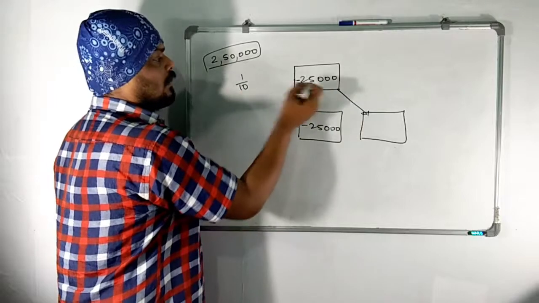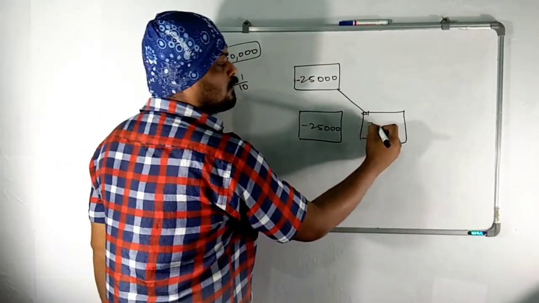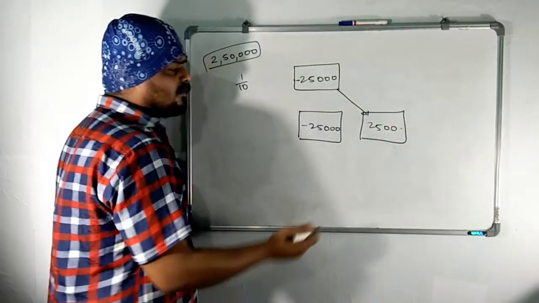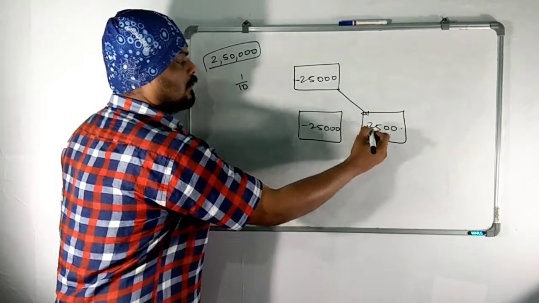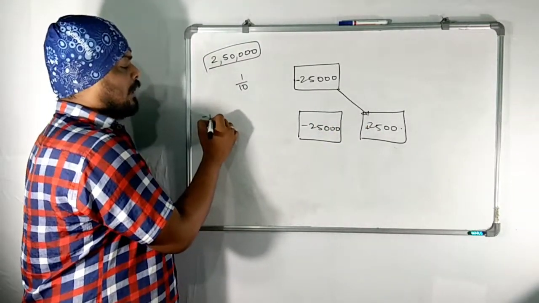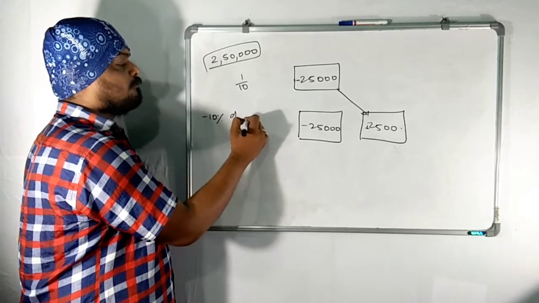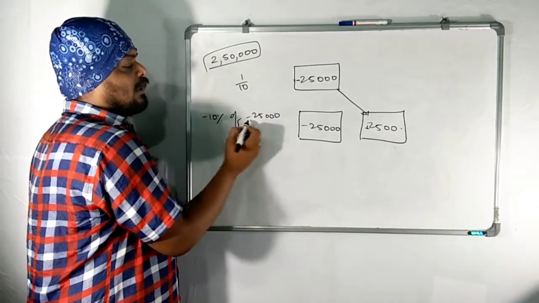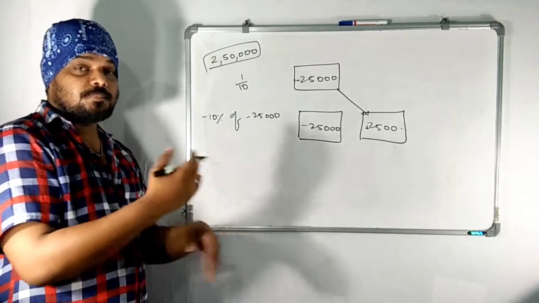So how much? 10% of 25,000 is nothing but 2,500. Which 2,500? Plus 2,500. If you try to calculate, minus 10 percentage depreciation, minus 10 percentage of minus 25,000. You have to use these minus signs to get the exact value in depreciation mode.